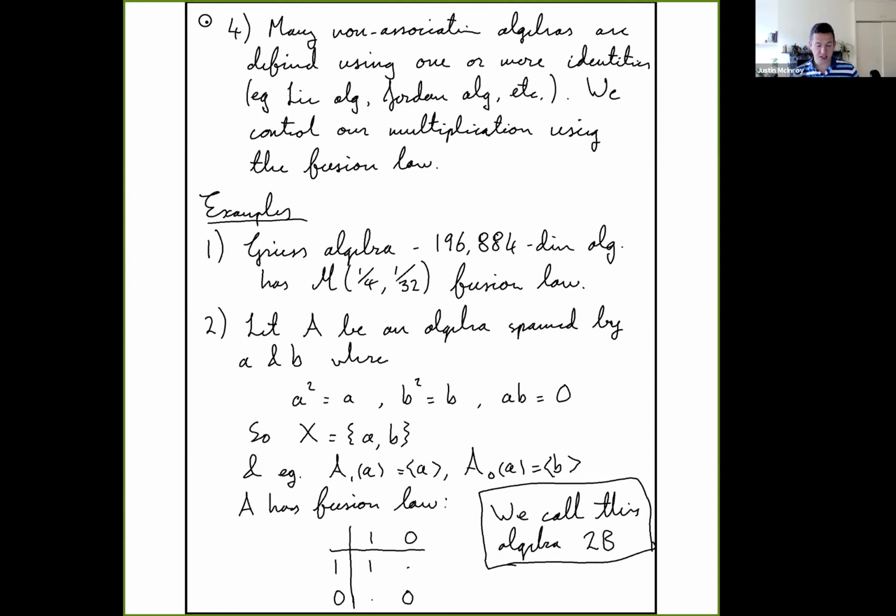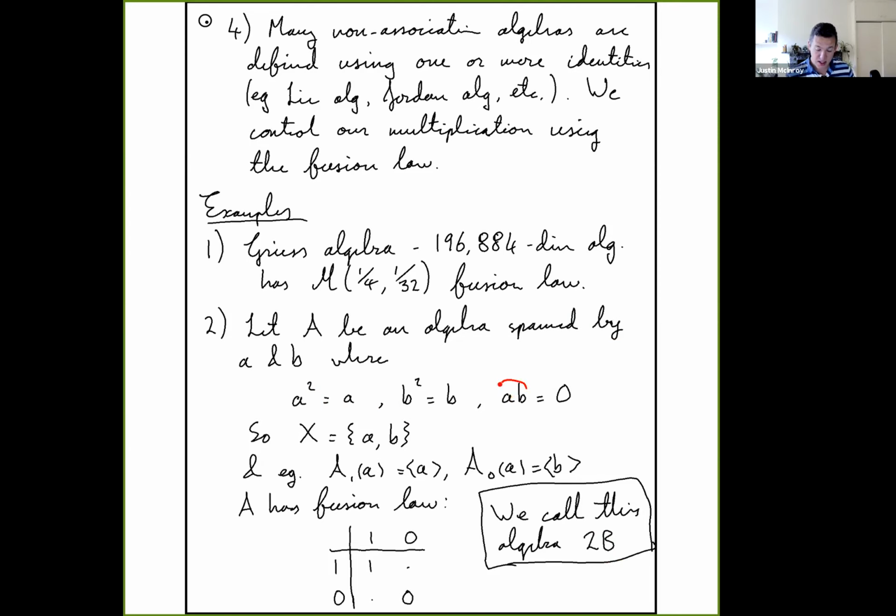So these were the predecessors for axial algebras. And because of some naming conventions coming from the Griess algebra, this is a two-generated algebra. And the two-generated algebras of the Griess algebra are named after basically the, oh, this will become more clear later, but actually more clear at the end of today.